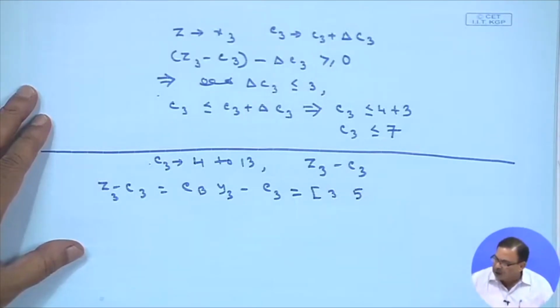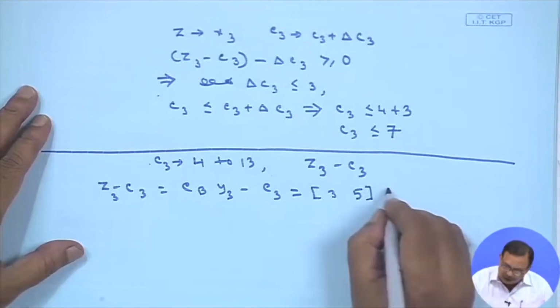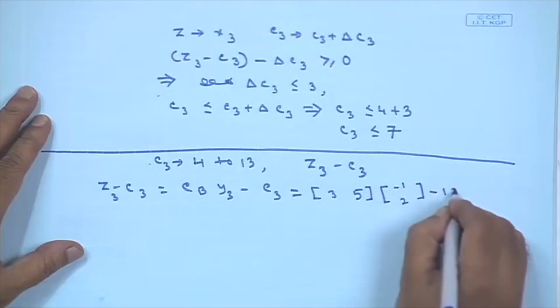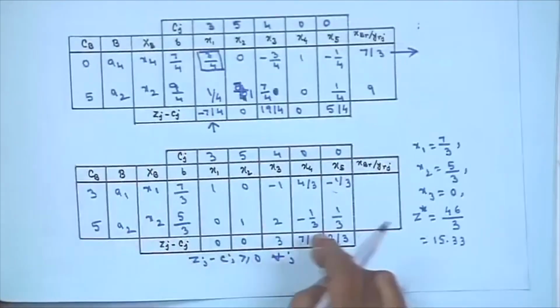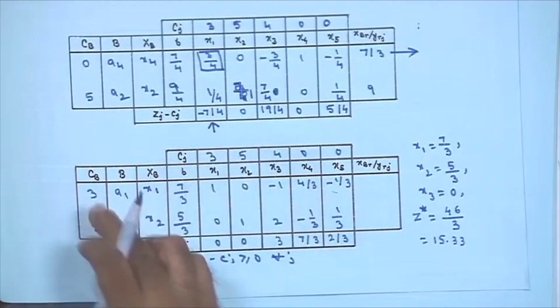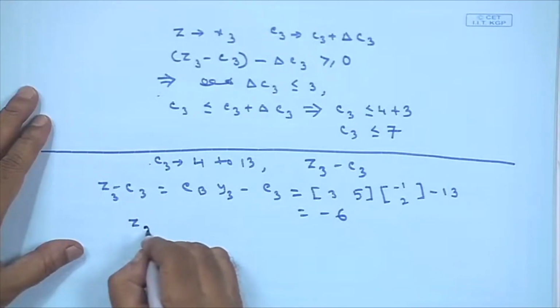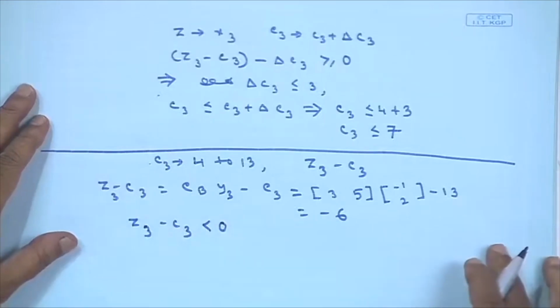This I can obtain from this one, CB and Y3 is minus 1 2, minus 13. If I calculate, this value is this one. Effectively, I am doing from this. Zj minus Cj is nothing but CBYj minus Cj. So, Z3 minus C3 is less than 0.